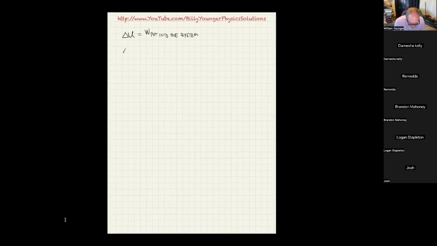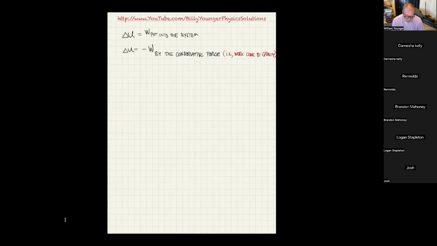And in that case, you get delta U is equal to the negative of the work done by the conservative force. So for instance, the work done by the conservative force could be work done by gravity.